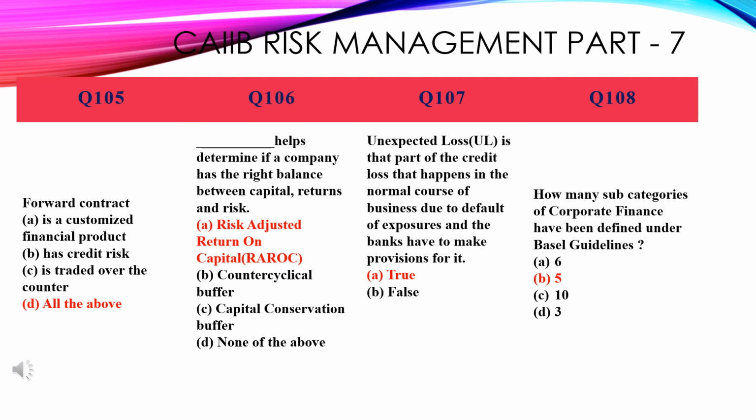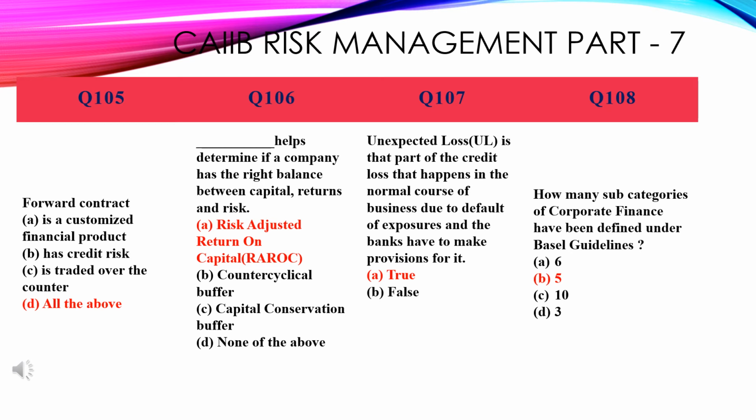Why? Because the basic principle of a bank is that the bank should make provision for all the expected losses, that is EL. As for UL, unexpected loss, the bank should hold sufficient capital so that it can withstand the effects of unexpected losses in case they materialize.